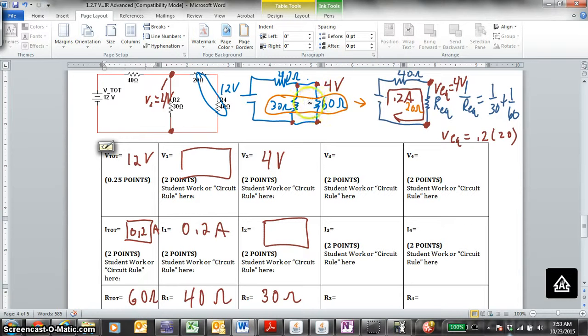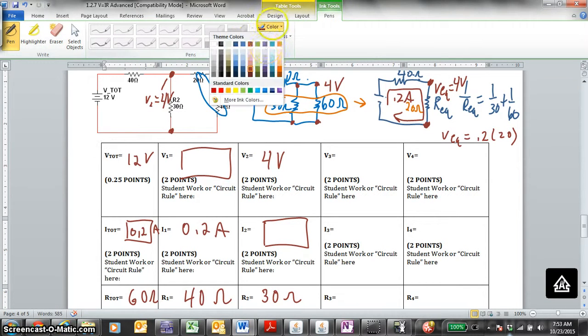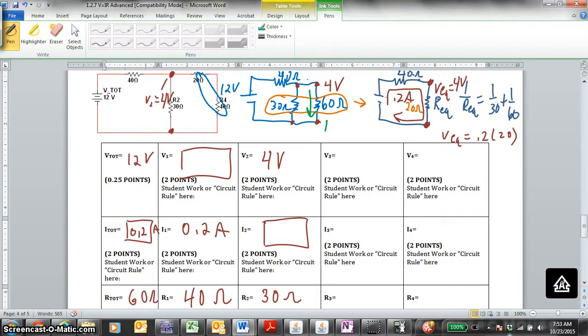So the current through this wire here, let's use this one, I34, is voltage over resistance, which is 4 divided by 60.